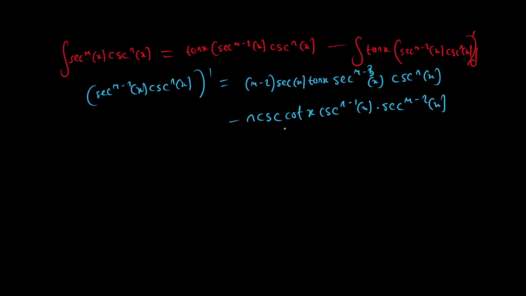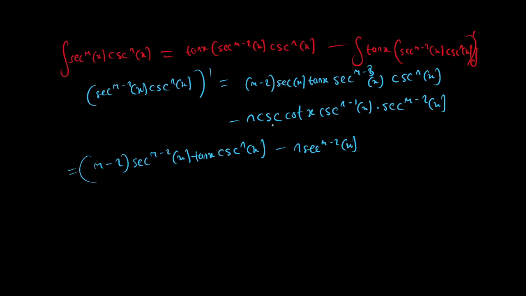So when all this is said and done, this should be equal to m minus 2 times secant to the m minus 2 of x tan of x cosecant to the n of x, minus n secant to the m minus 2 of x.